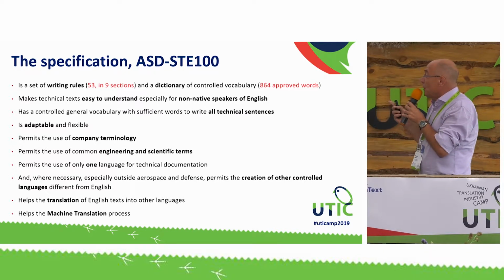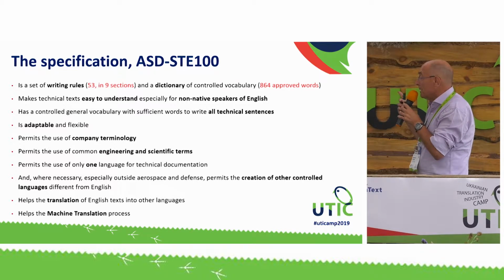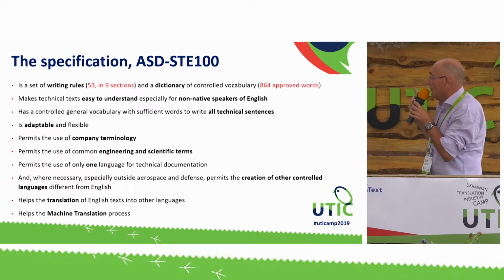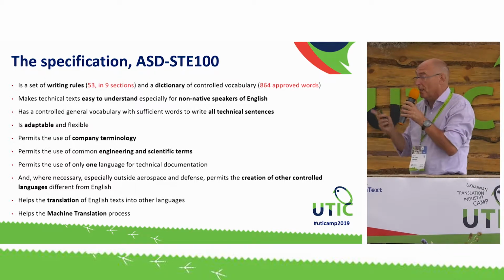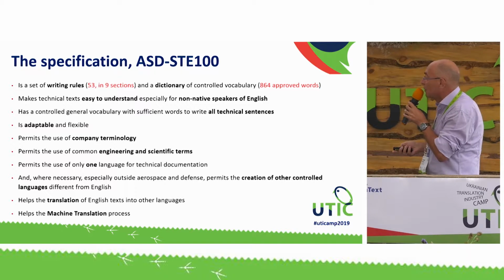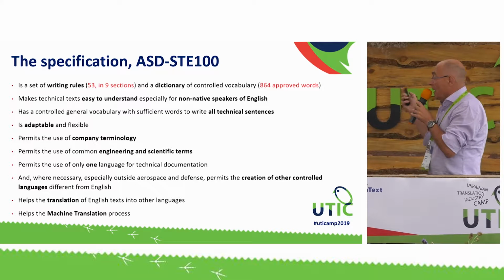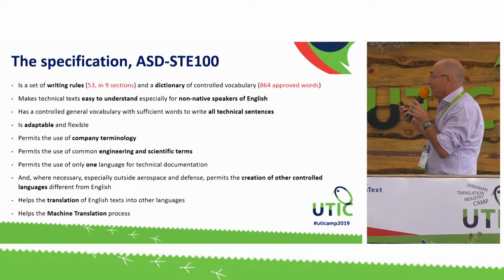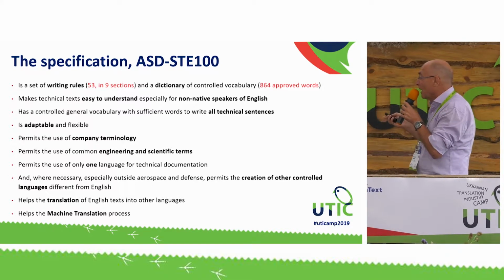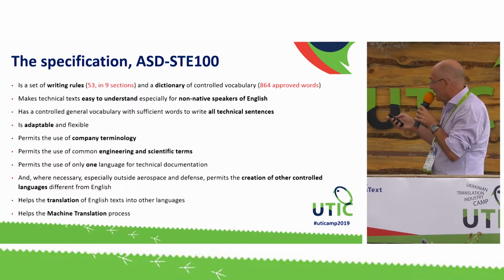It also permits the use of common engineering and scientific terms, permits the use of only one language for technical documentation, and where necessary, especially outside aerospace and defense, permits the creation of other control languages different from English. It also helps translation of English text into other languages and also helps the machine translation process.